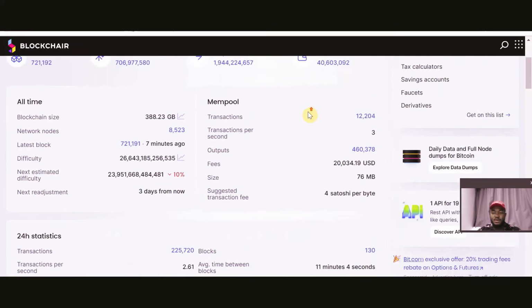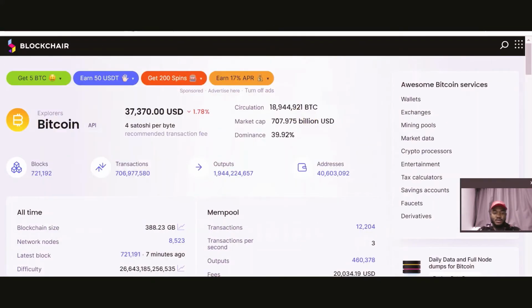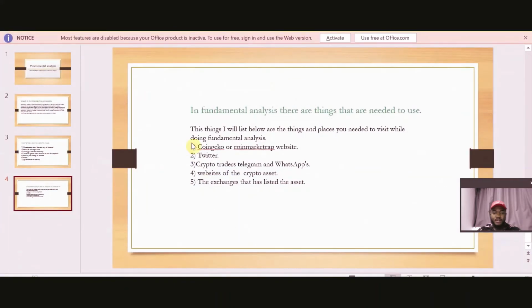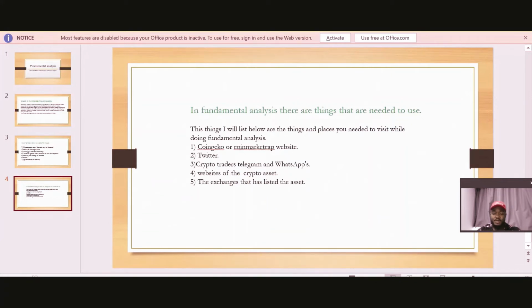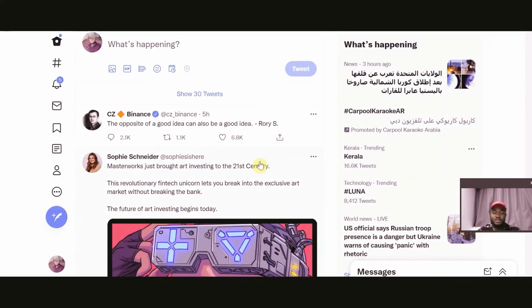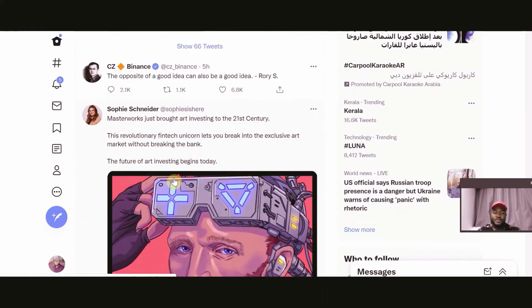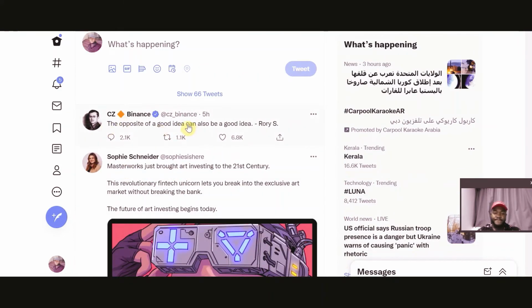So let's go on to the second one, which we have here, Twitter. How can we use Twitter in fundamental analysis? Twitter plays a big role when it comes to fundamental analysis. As a crypto trader, you need to know how to use your Twitter very well. So this is my Twitter.